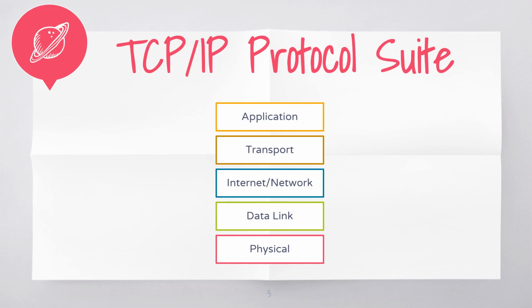But when it comes to data link layer and physical layer, these two layers establish connection from the current node to the next node only. So the current node data link layer is logically connected to the data link layer of the next node that the packet or the message will be visiting.